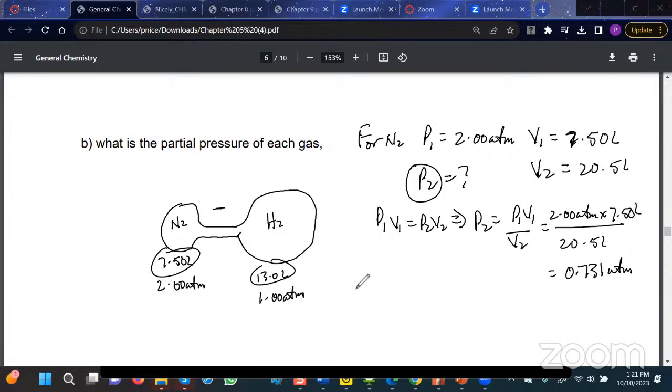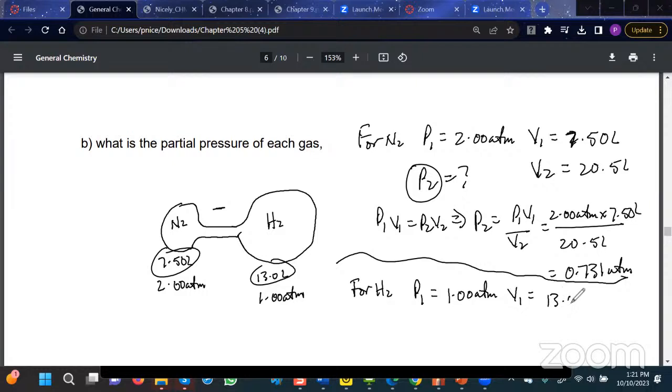And basically we do the same thing for hydrogen. Okay, so using what we did above as our guide, what would be P1 for hydrogen? What's P1 for hydrogen? 1.00 atmospheres. What's V1 for hydrogen? 13.0 liters.